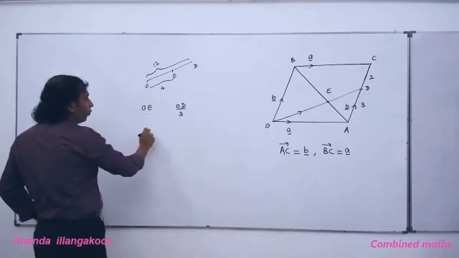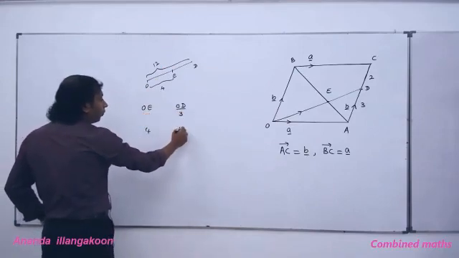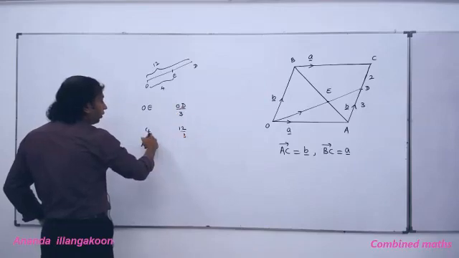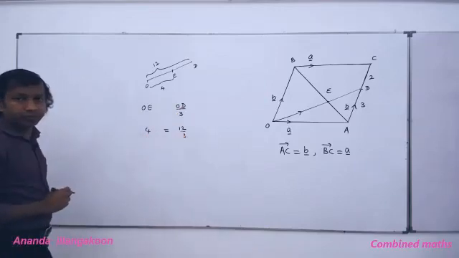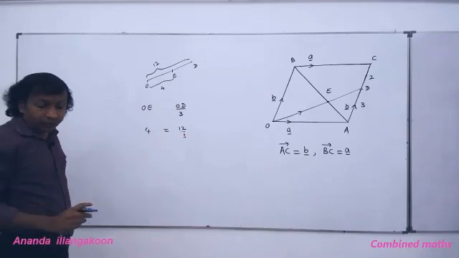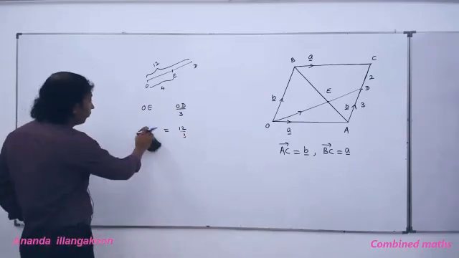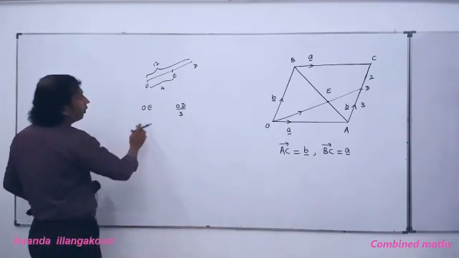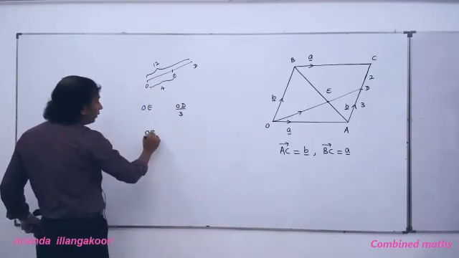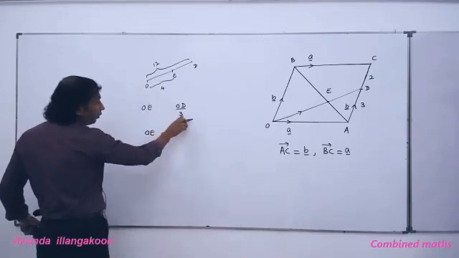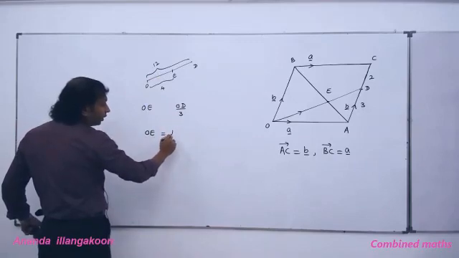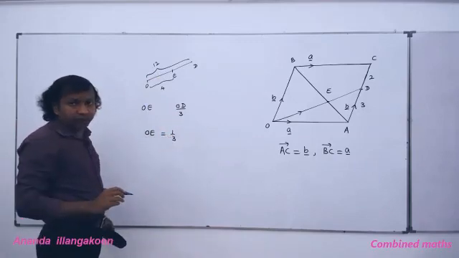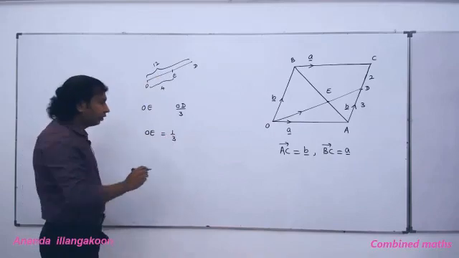Here OE length is 4, OD length is 12, and 12 divided by 3 gives 4. So I can write the OE length is equal to 1/3 of OD, since dividing by 3 means multiplying by 1/3.